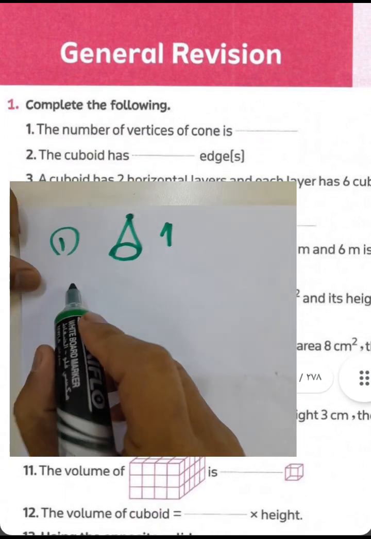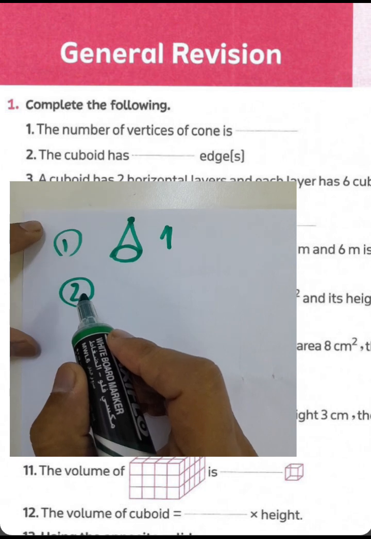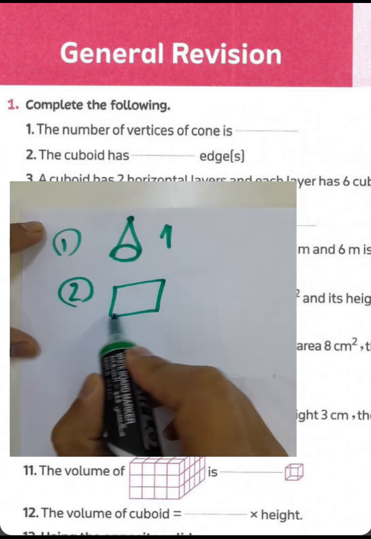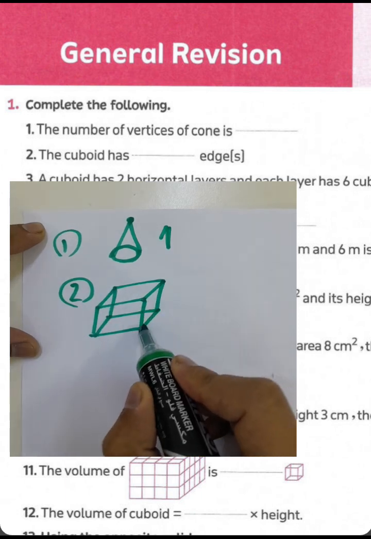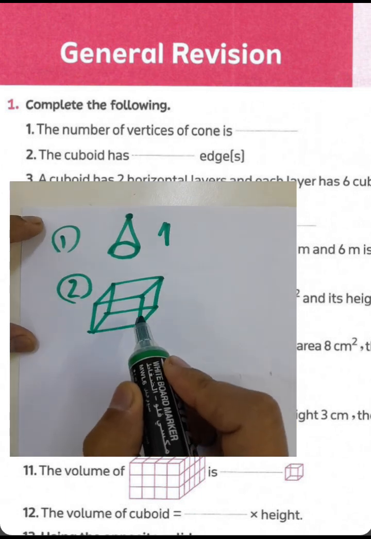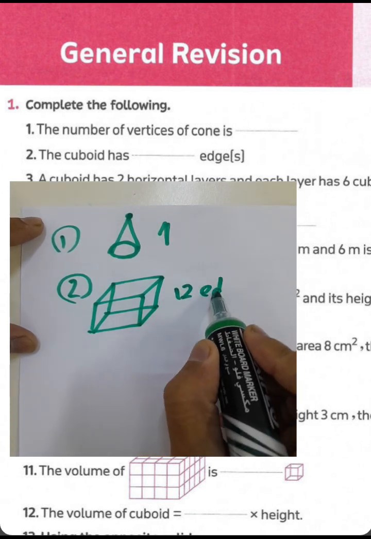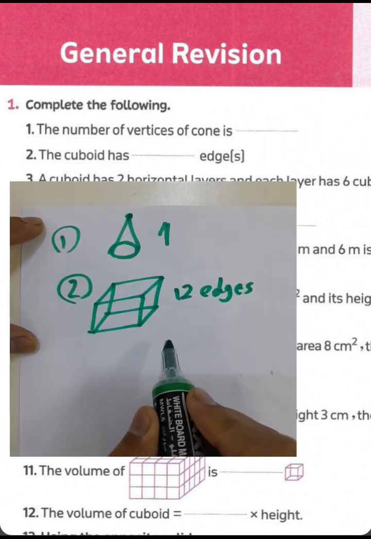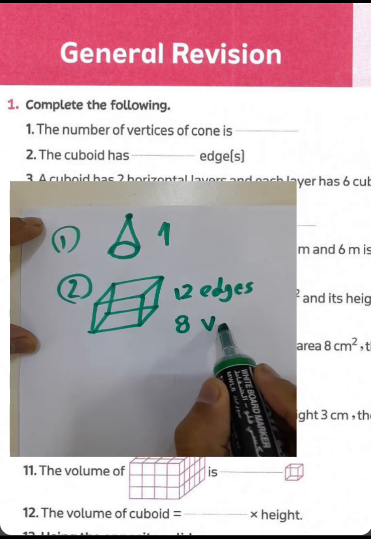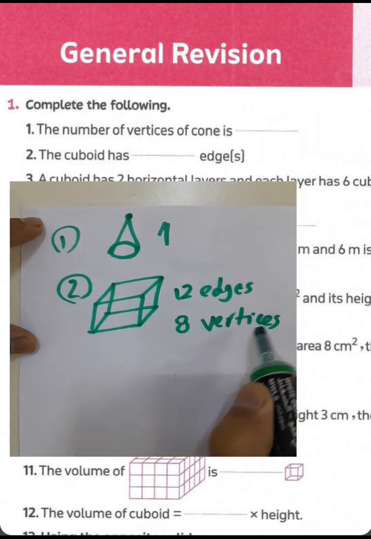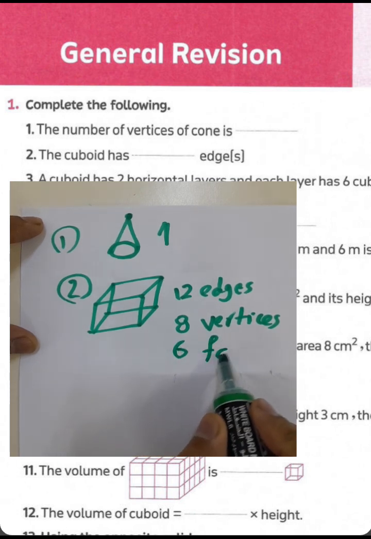Question number 2. The cuboid has blank edges. We call this a cuboid. The cuboid has 12 edges and 8 vertices and 6 faces.